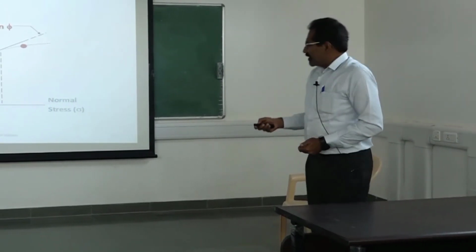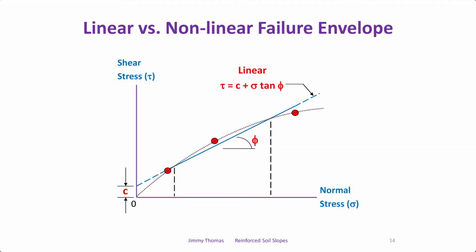It means basically this envelope is curved. Even friction, as we have studied, shear strength comes from mineral to mineral friction, dilatancy, and particle rearrangement. So it's not really an angle of friction; a better term would be angle of shearing resistance, because it's not only friction.